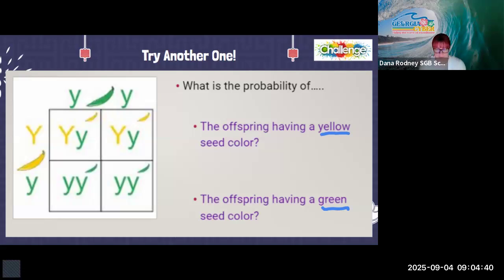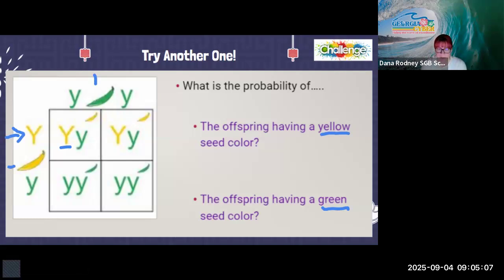Okay, so we can tell from this picture here that yellow is dominant because it's a capital Y. So when we cross, in this case, a yellow seed with a green seed, that means the green seed is recessive because it's two lowercase.